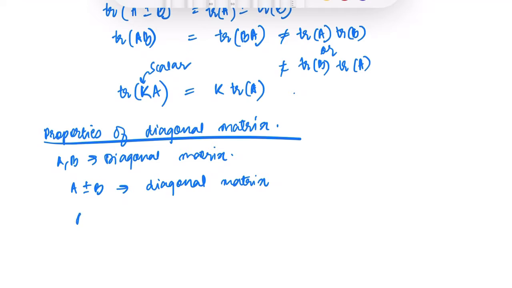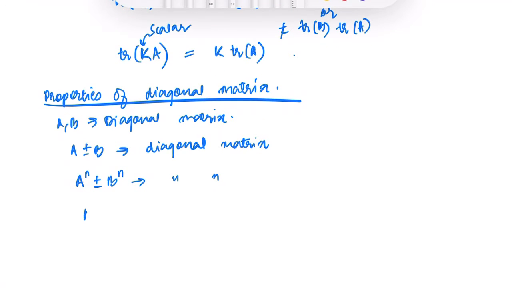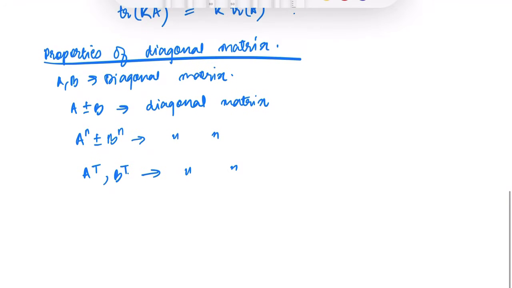Similarly, if we have A to the power of n plus or minus B to the power of n, it will still be a diagonal matrix. If we have A transpose or B transpose, whatever, it will still be a diagonal matrix. We'll see what a transpose is in a minute.